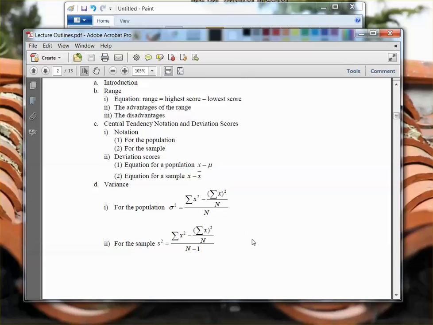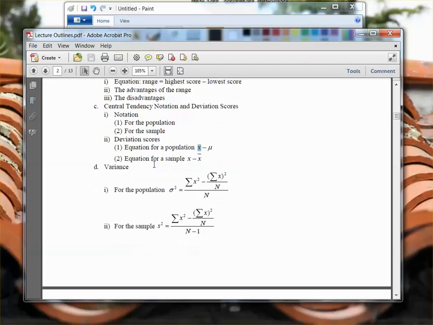The other thing, there are different formulas that I'll give you in class that are based on the deviation score. Remember, in the properties of the mean, we talked about taking the individual score and subtracting from it the mean. Well, there are some formulas that you can use to calculate variance that way. This formula, though, is called a raw score formula, not a deviation score formula.